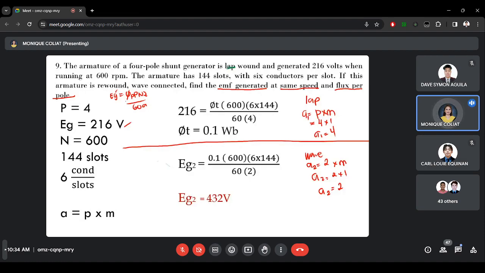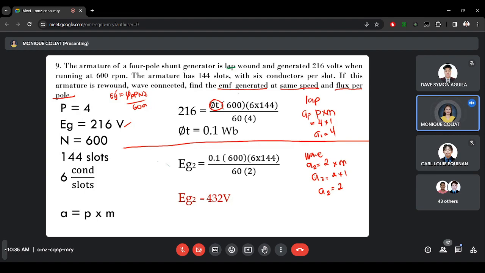So that's what we need to get, because it says same speed and same flux per pole. But in this case, you can just get the total flux. So it's total flux times N and Z divided by 60 times A.